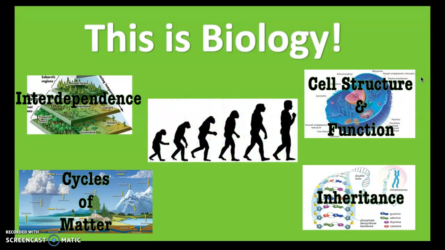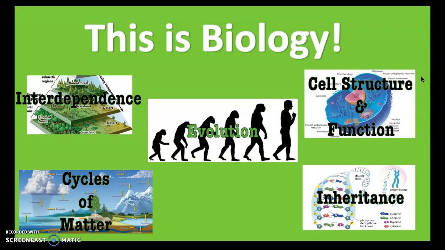And then finally, our 5th main topic we'll discuss towards the end of the year is evolution. Now, there is a lot more to evolution than just what you saw there in that picture. Evolution is much more detailed than that. Actually, the picture that I showed you doesn't really show what is happening during evolution.